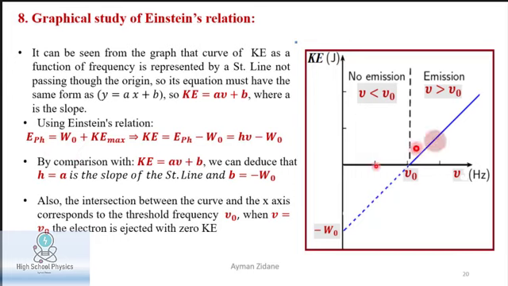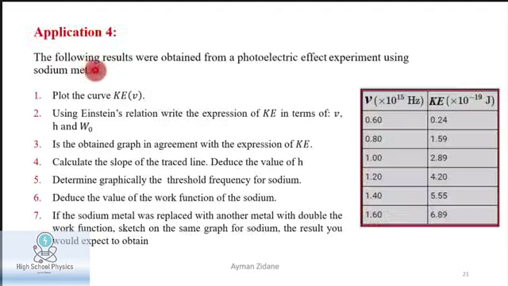So the frequency at this point is the threshold frequency where the kinetic energy of the electron is 0. We can deduce that as we increase the frequency of the radiation, the kinetic energy of the emitted electron increases, because as the frequency increases, the energy of the photon increases too, and W0 is constant, so the kinetic energy increases.